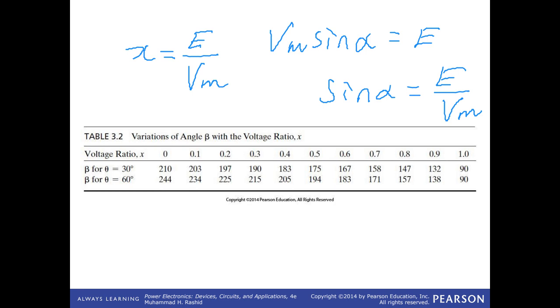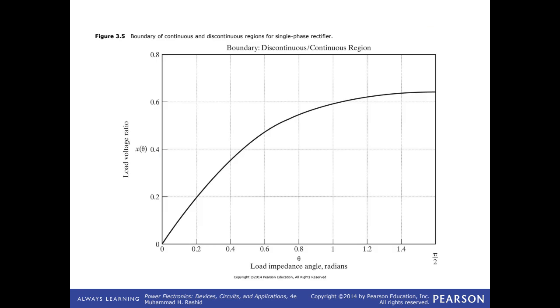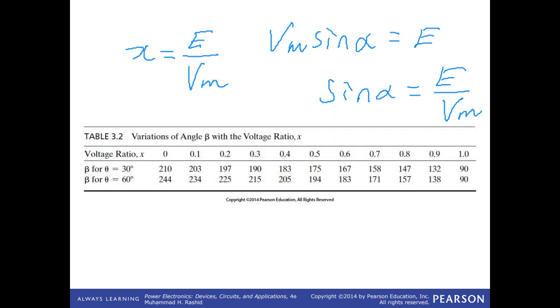Bir de grafik var. Şimdi, that is the boundary. Beta'yı bulmak için ya bu tabloyu kullanacaksınız lazım olursa ya da iteratif olarak deneme yanılma metoduyla, try and error method.